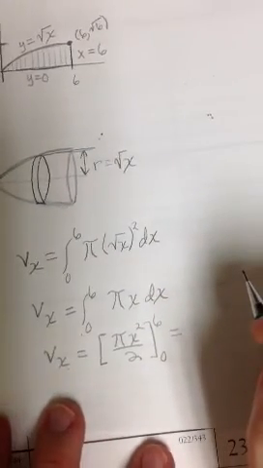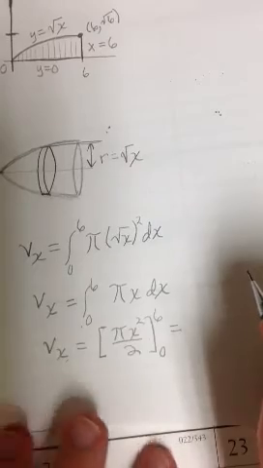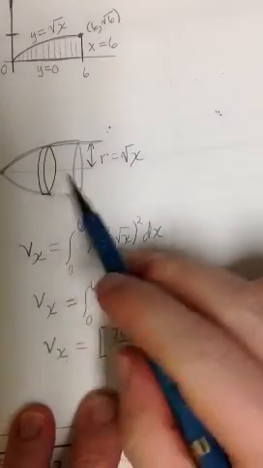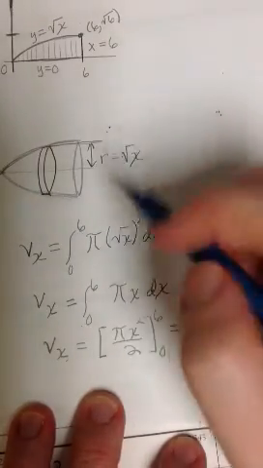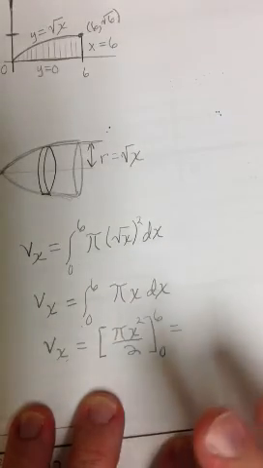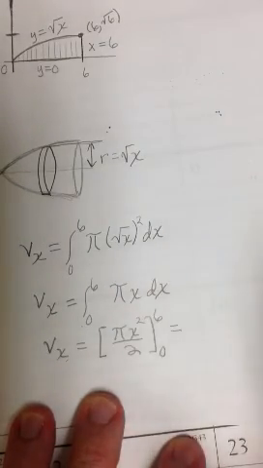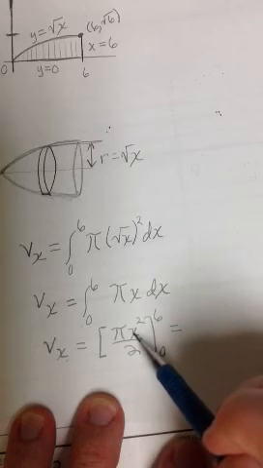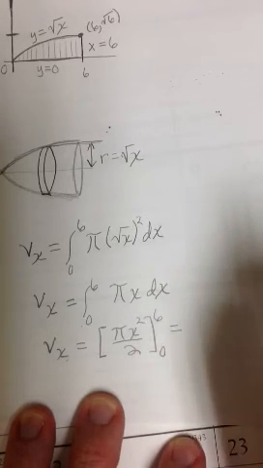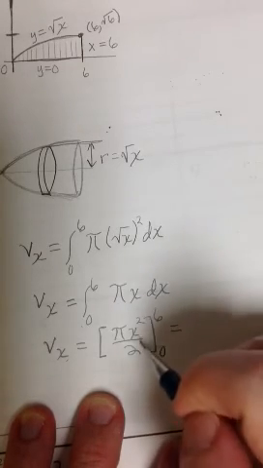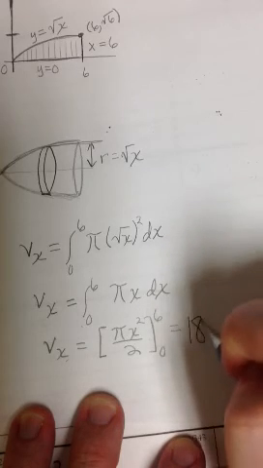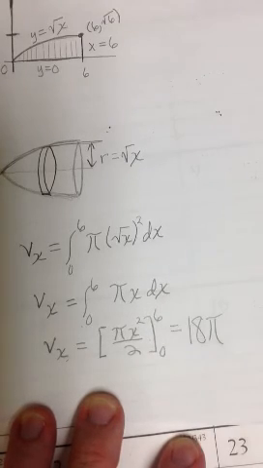And so for this particular solid, almost like a helmet or a bullet in formation, you have 6 squared is 36, divided by 2, so that is going to be 18 multiplied by pi. So the volume of the solid generated about the x-axis is going to have an exact value of 18 pi.